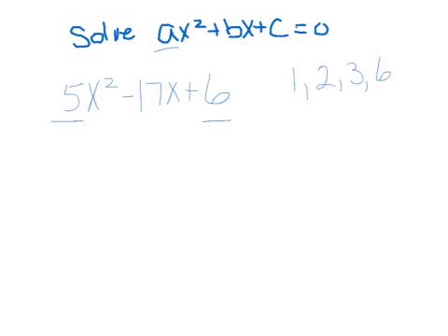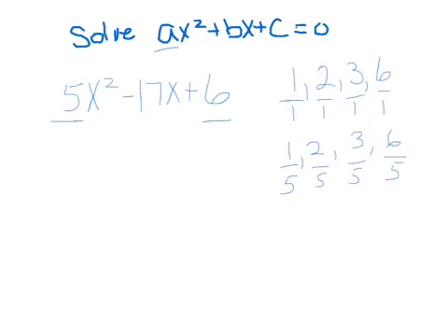But now, as we talked about, I have to put them over the factors of this number. So what are all the factors of 5? 1 and 5. So I have the same list with 1 over them, and I have the same list with 5 under them.